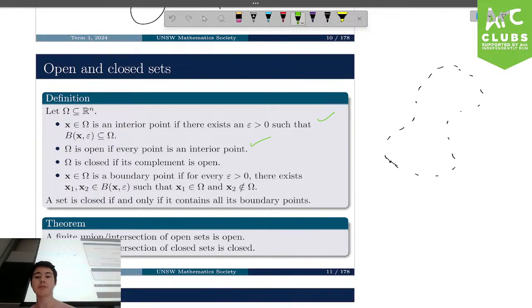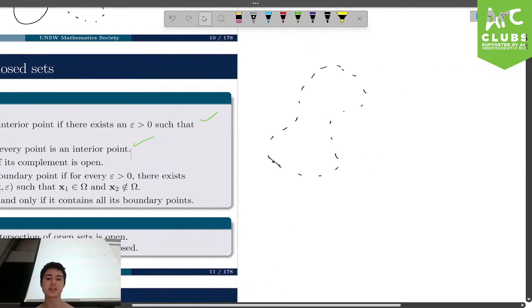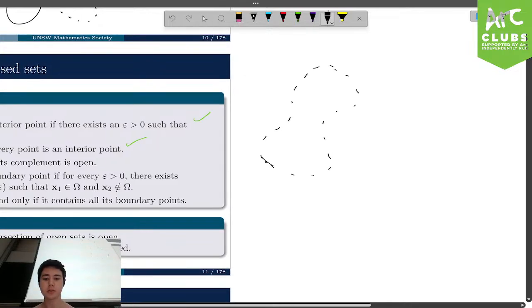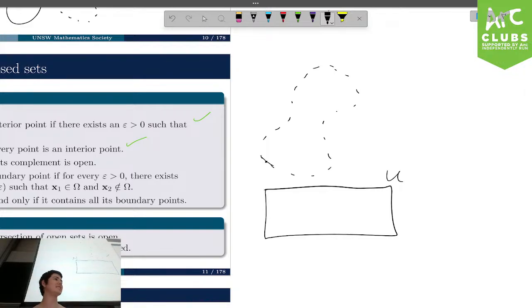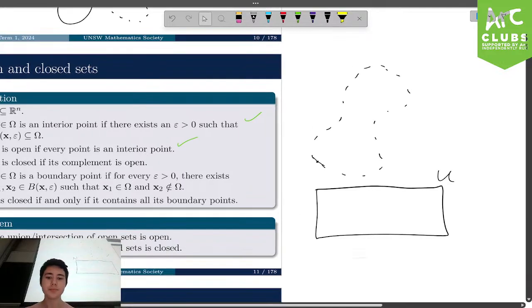Fantastic. Next, we have closed sets, which are the complements of open sets, right? So what do I mean by complement in this sense? Well, let's define a universal set. So let's say everything exists inside this box within some manner of R2 described here.